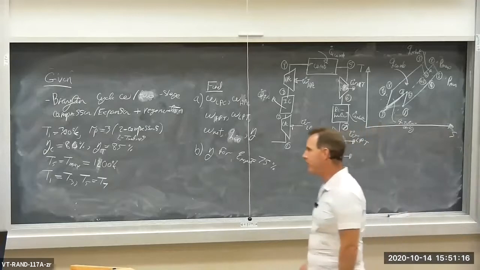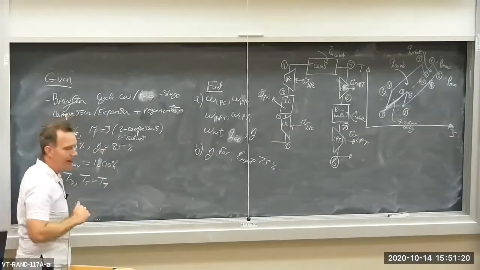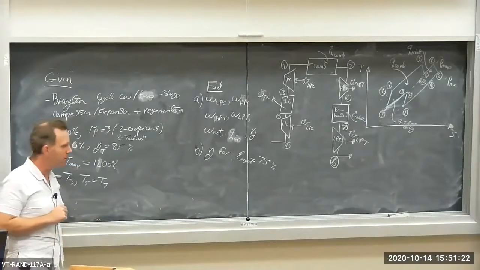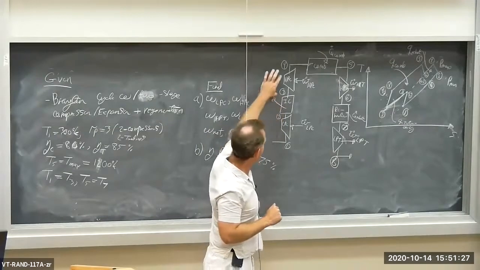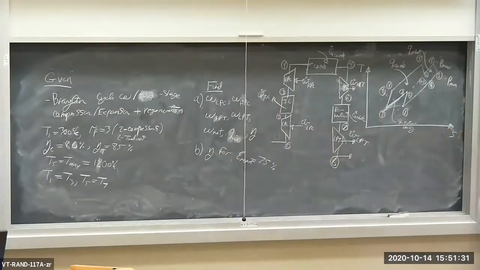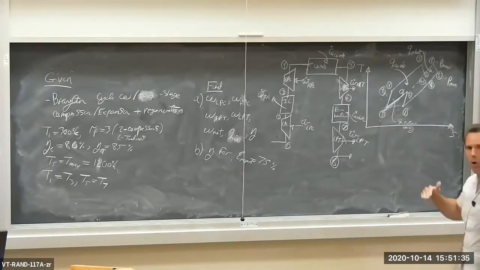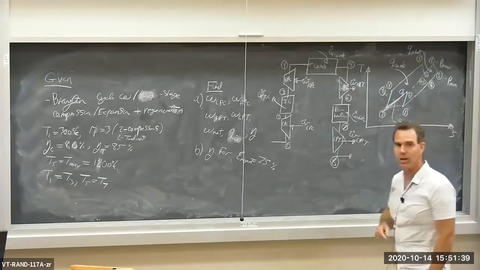Now you're told here that each compressor and turbine has a pressure ratio of 3. So the ratio of the outlet to the inlet pressure for each turbine is 3. So 3 times 3 is 9, so I guess the overall pressure ratio from Pmin to Pmax is 9.